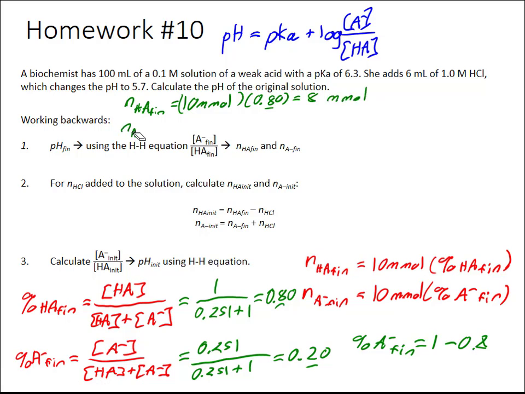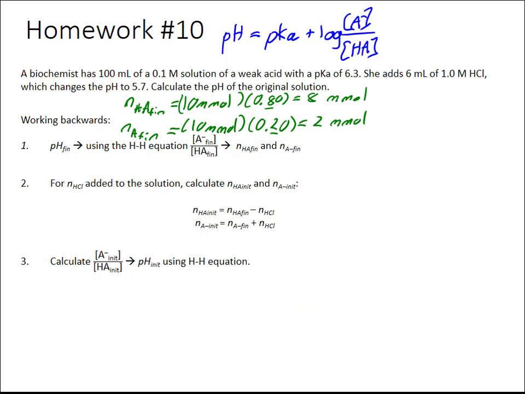And likewise, the final amount of conjugate base is 0.2 or 2 millimoles. So now let's move on to part 2 of the solution.